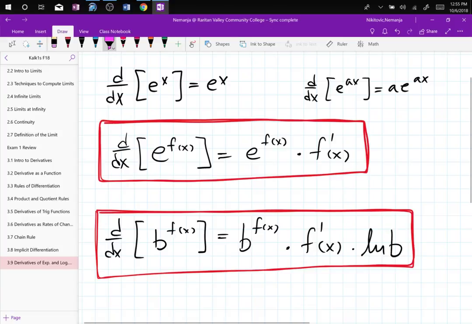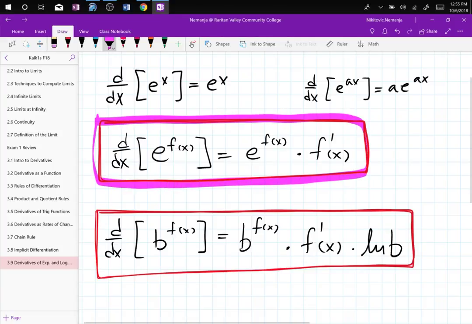Most of the time, you will be using the one in pink. Most of the problems, 95% of the problems, maybe even more, will be here. And you already know this because of the basic chain rule.